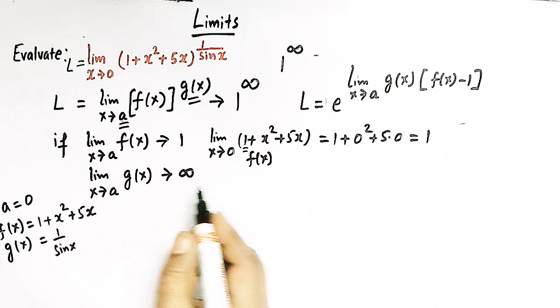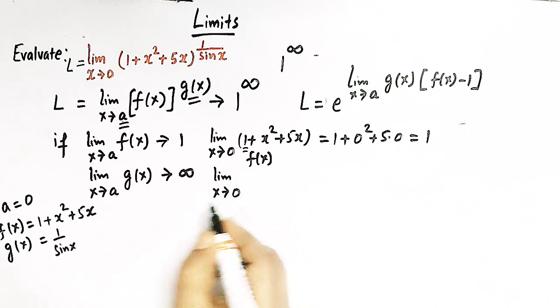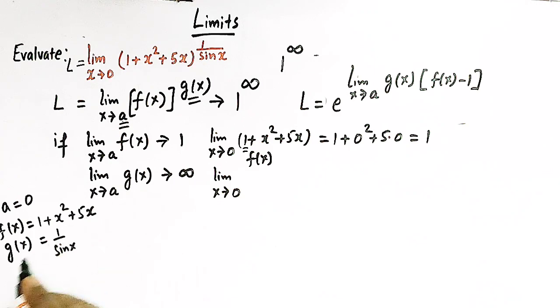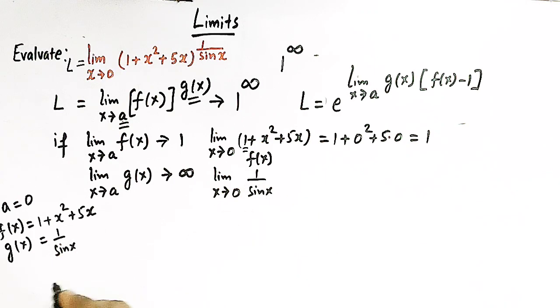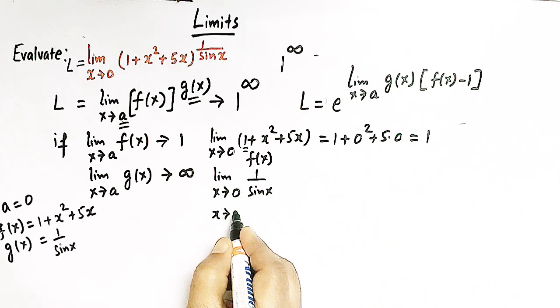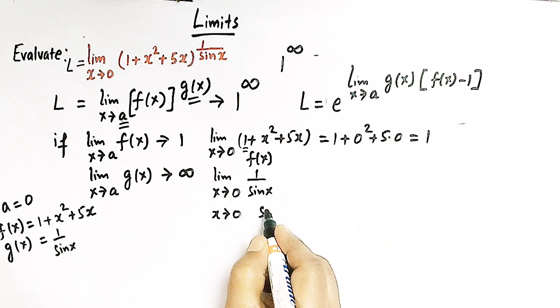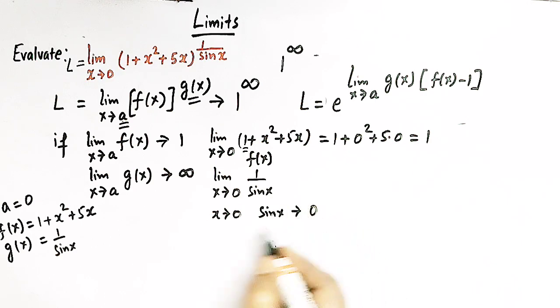And similarly here we have limit x tends to 0, and for g of x we have 1 over sine x, right? So when x tends to 0, sine x tends to sine 0, that is 0, right?